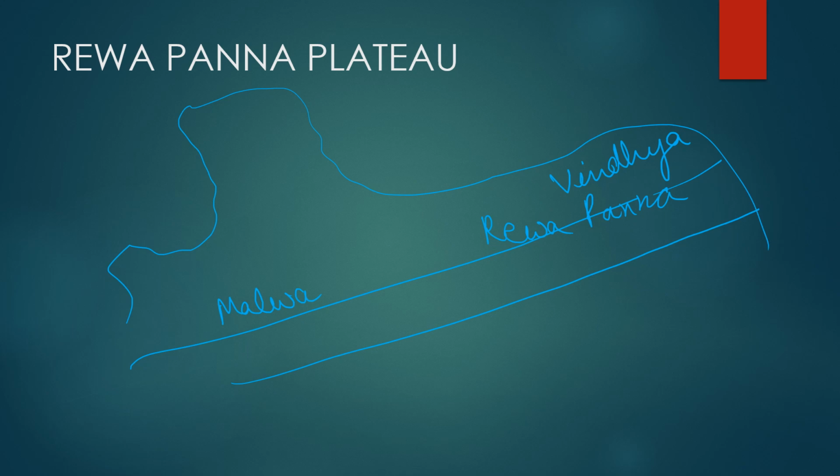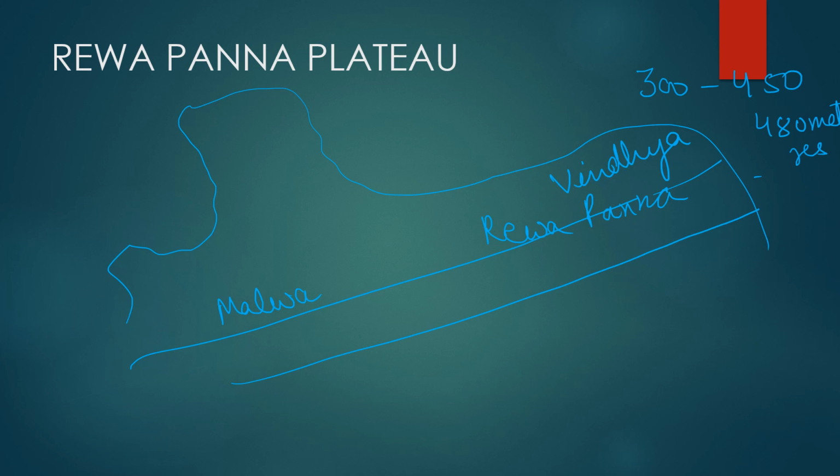So these are mountainous regions kind of. Their height starts from 300 but can reach till 450, 480 meters also. So its height is 450 to 480. This is for Rewa Panna Plateau.